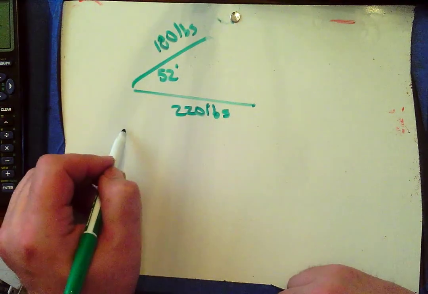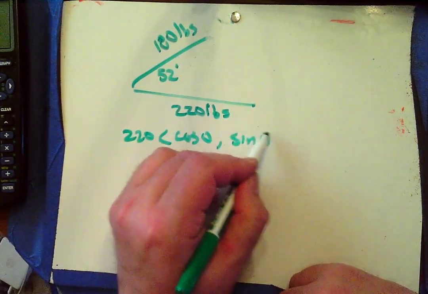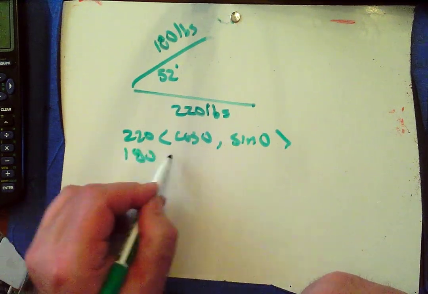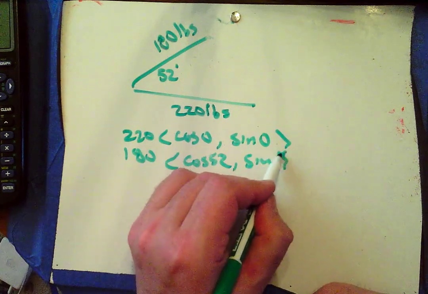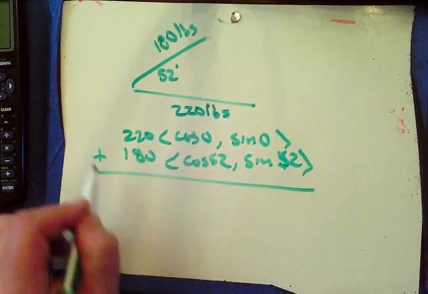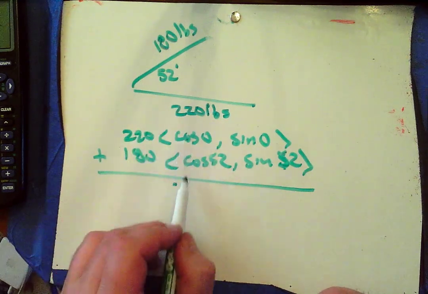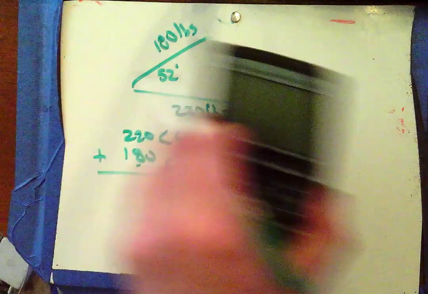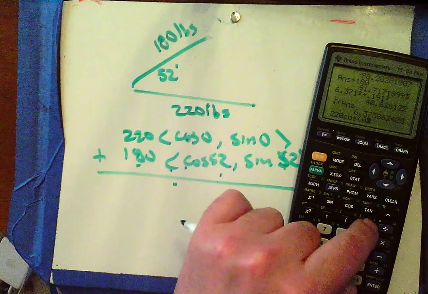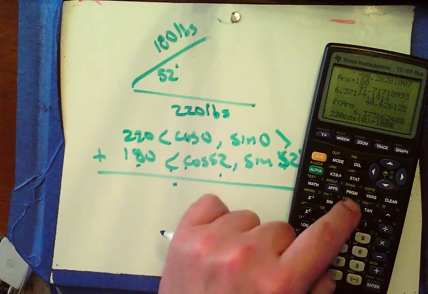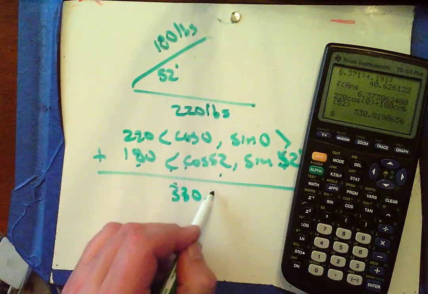Okay, so 220 cosine 0, sine 0, 180 cosine 52, sine 52. I'm going to add those together. I don't know 52 from my unit circle, so I'm going to do 220 cosine 0 plus 180 cosine 52, and I get 330.819.